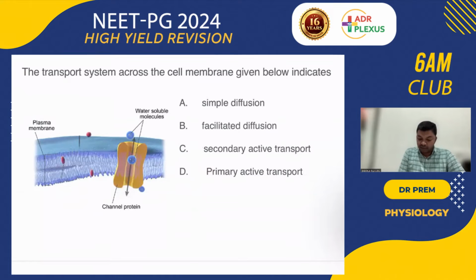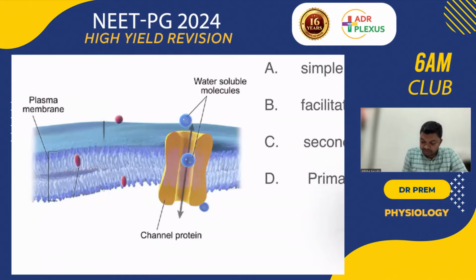All right. First thing first, look at the picture. We have a phospholipid bilayer. So this is one leaflet and this is another leaflet. Across these two leaflets, we can see a molecule, and this molecule is getting transported. The most important point you have to look for in this picture is that it's a bidirectional transport.